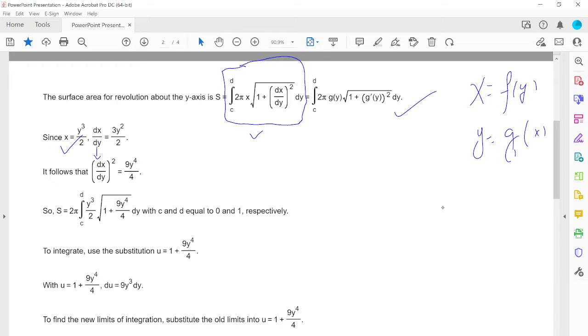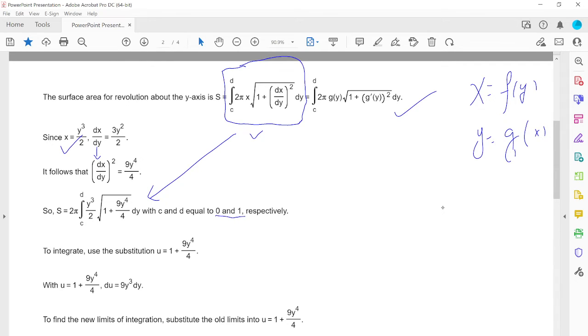Now we're going to plug this value of x and (dx/dy) squared into this formula. The surface area of revolution is 2π times the integral from c to d of y cubed over 2, that's for x, times the square root of 1 plus this value, which is (dx/dy) squared.